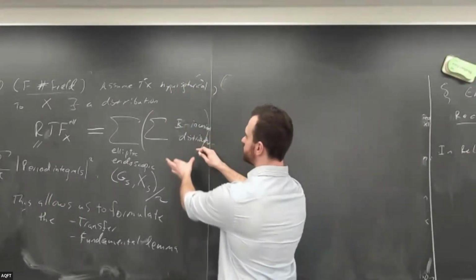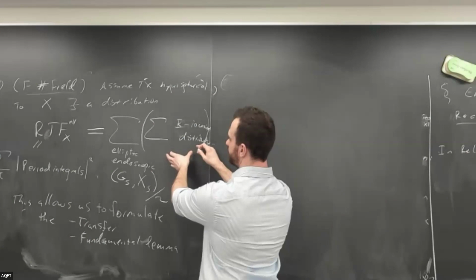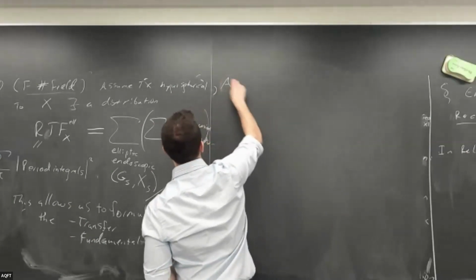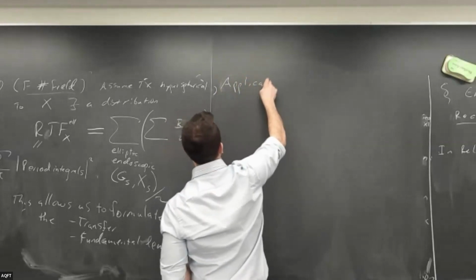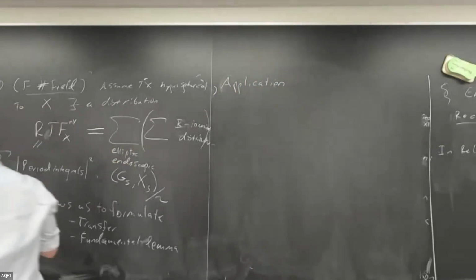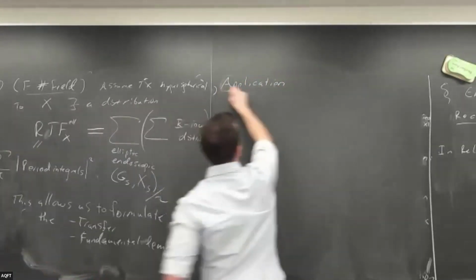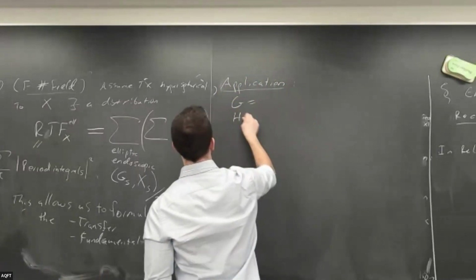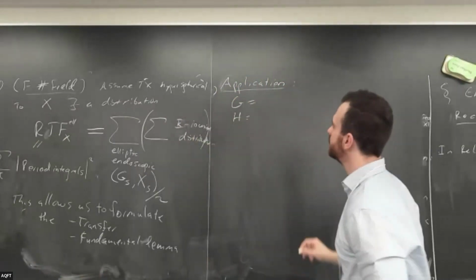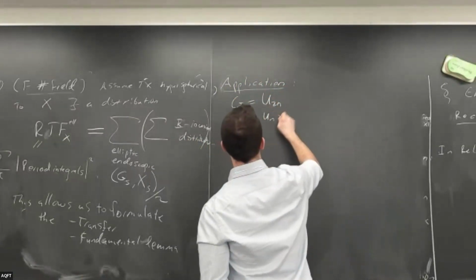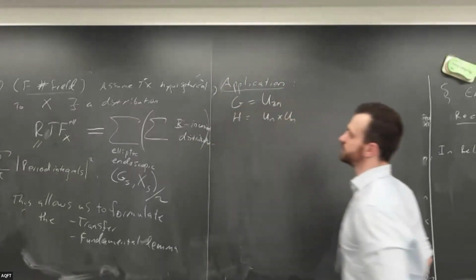So this is sort of the current status. In special cases, the application which guided the majority of this research was the case we started with, GL2N, and we do an outer form of it. So we do a unitary version of this, where these are unitary groups.